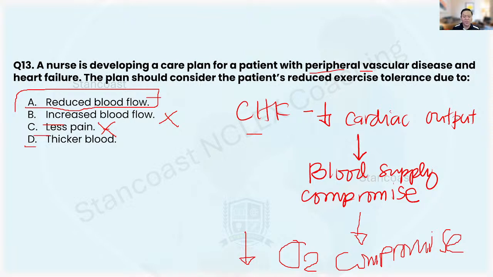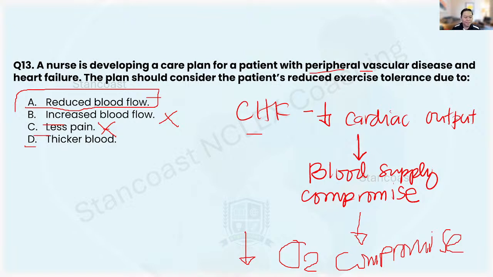Now letter D, thicker blood. Well, the viscosity of the blood can be a factor, but it's not really the primary issue in this situation. Again, the problem is more on the blood flow. Talking about the association between CHF and the pre-existing peripheral vascular disease, which will have a much more pronounced impairment in the tissue perfusion. Yeah, so the answer is letter A.